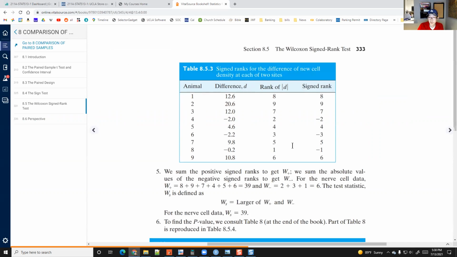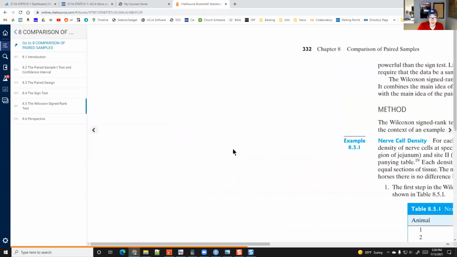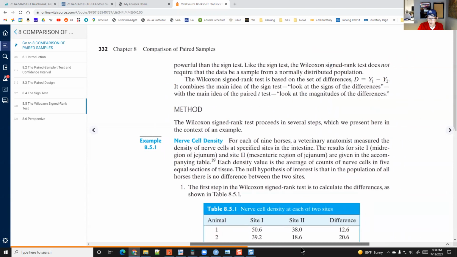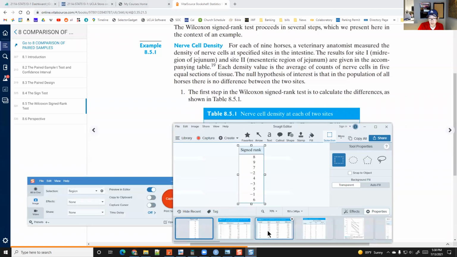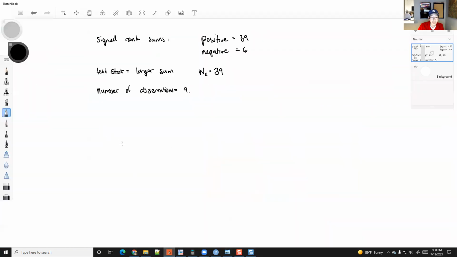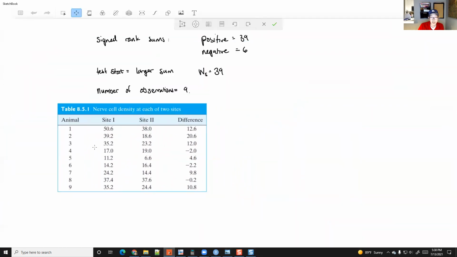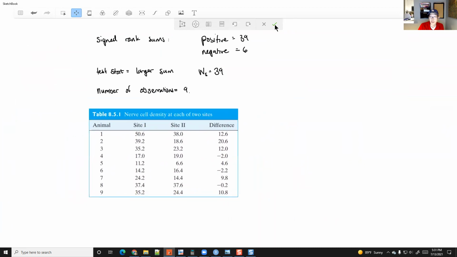Let me go back to this. So here are the differences. I think we're okay with calculating the differences.